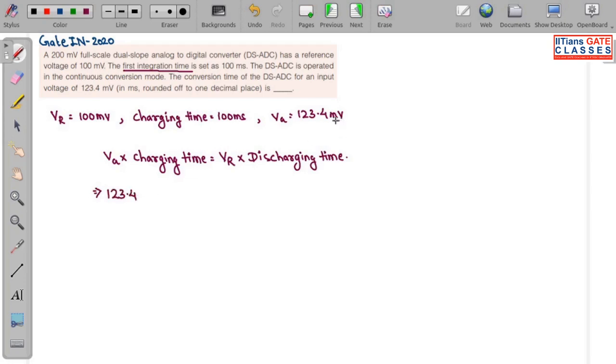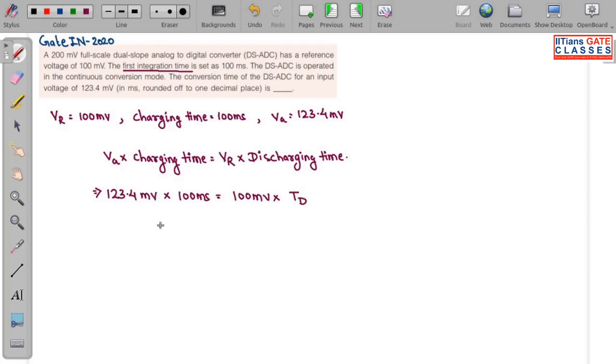VA is 123.4. Take care of the units always. It is better to write millivolt into charging time. Charging time is 100 millisecond, is equal to the reference 100 millivolt into discharging time. Let me write it as TD.